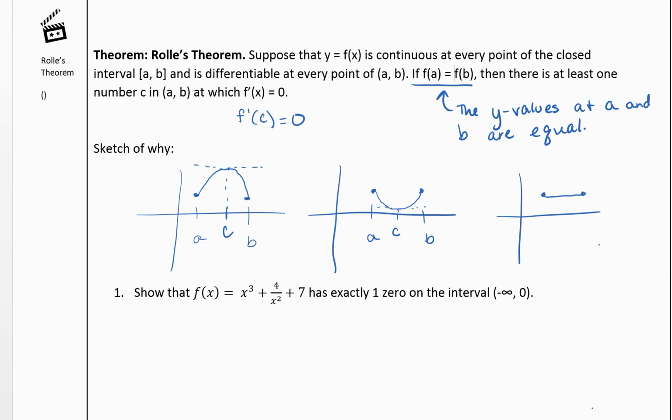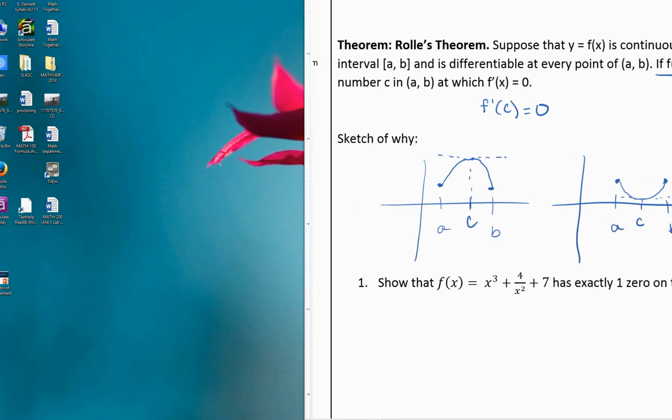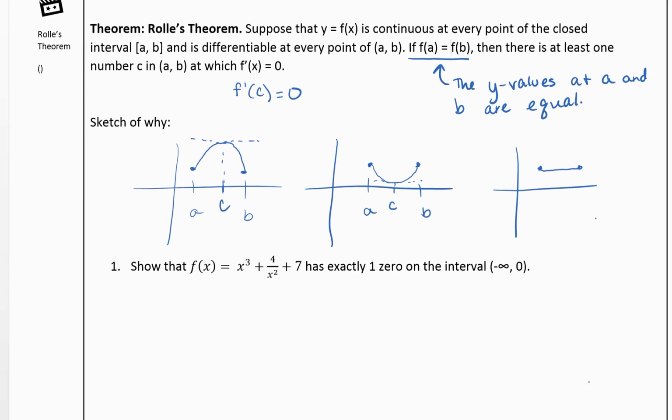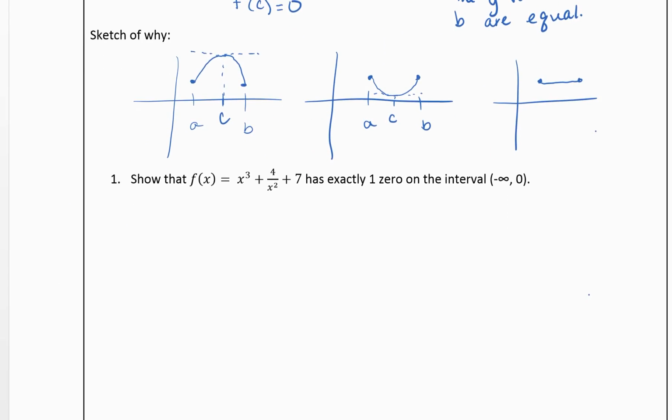So here's one way that we can use Rolle's theorem. It says, show that f of x equals x cubed plus 4 over x squared plus 7 has exactly one zero on the interval from negative infinity to 0. The first thing we could do is try to find where that is equal to 0.